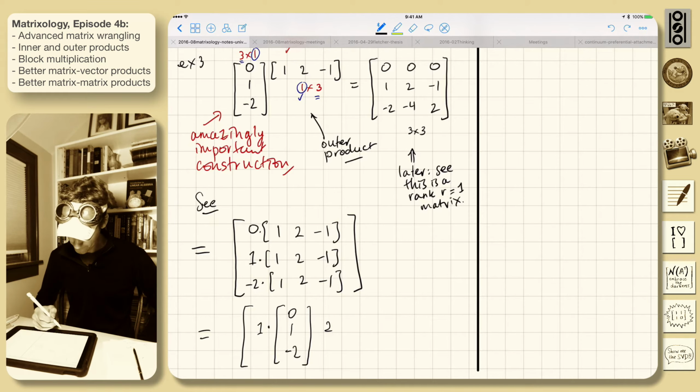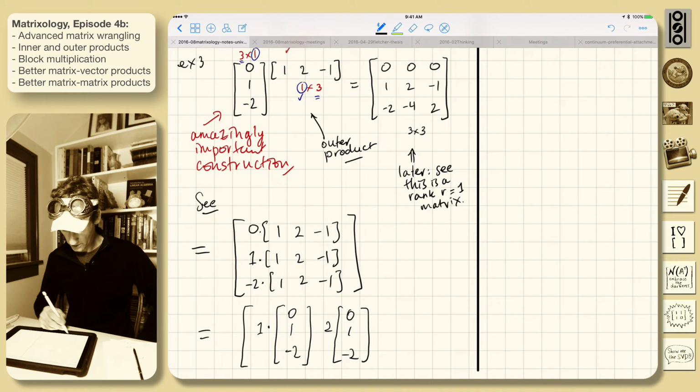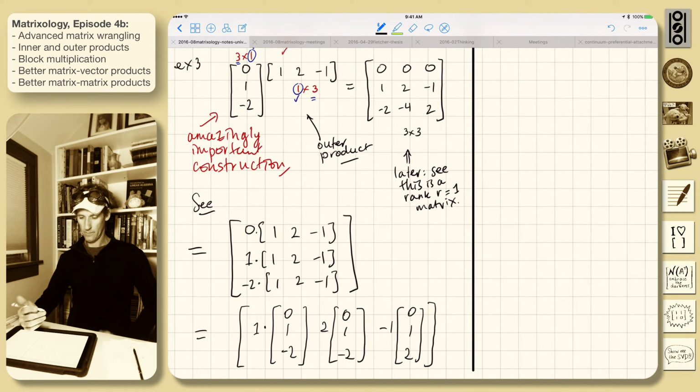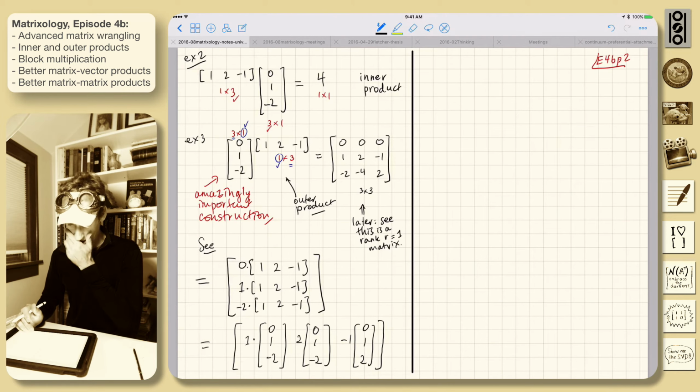Good? I have trouble drawing the bottom here. So there's 1, 2, and then a minus 1. So we can write it like that. That's pretty awesome. Okay.